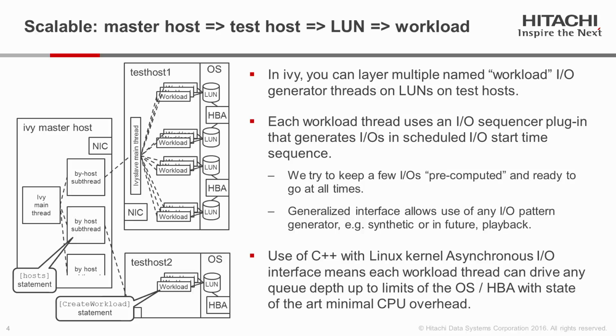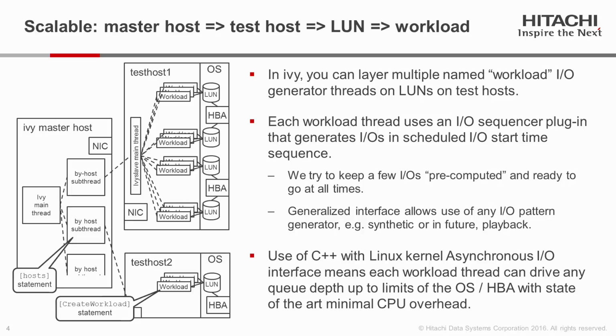What's very key is that we're using C++ with the Linux kernel asynchronous I/O interface, which means that a single workload process thread can drive any queue depth up to the limits of the OS and HBA with state-of-the-art minimal CPU overhead.